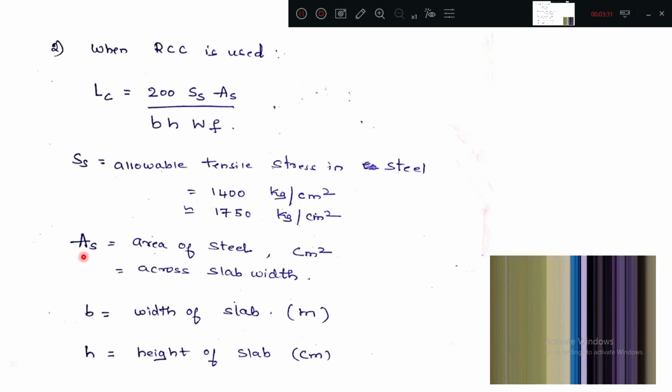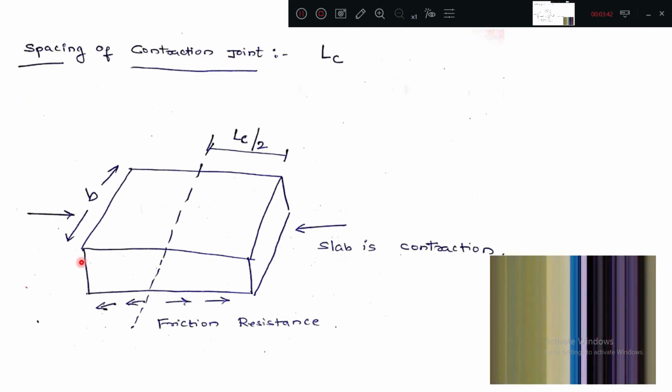Area of steel, what is this? AS is the area of steel in centimeter square across the slab width, not in this direction but in this direction. Here the dowel bars will come, and the spacing between them is calculated: the spacing between one bar, second bar, third bar, fourth bar.